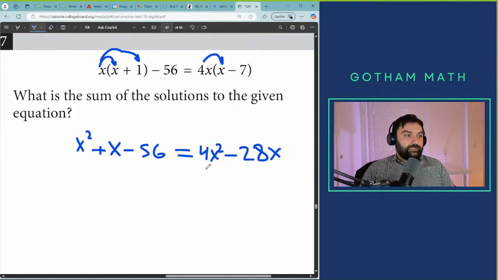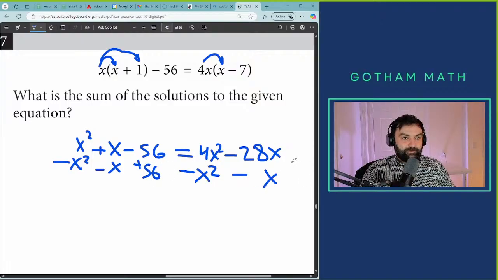So obviously we're going to make everything equal to 0. Why am I doing this? Because I don't want to have a negative x squared. I want to have positive x squared. And the only way for me to have it right here, right now, is to get rid of all of the left side ones, and then plus 56 here.